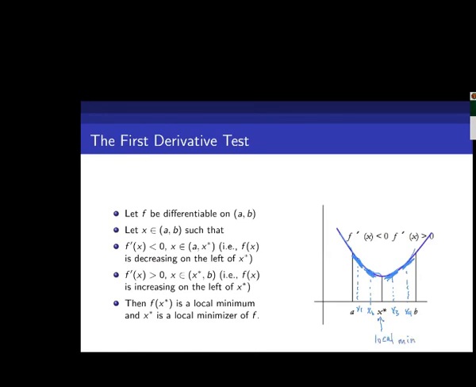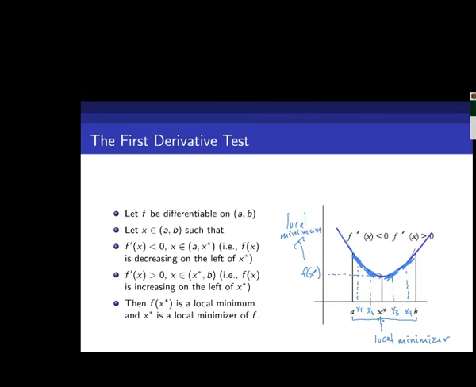minimizer. And this value of the function at x star, call it f of x star, is a local minimum, local because you're restricting the domain to a and b, in this slice of the domain.